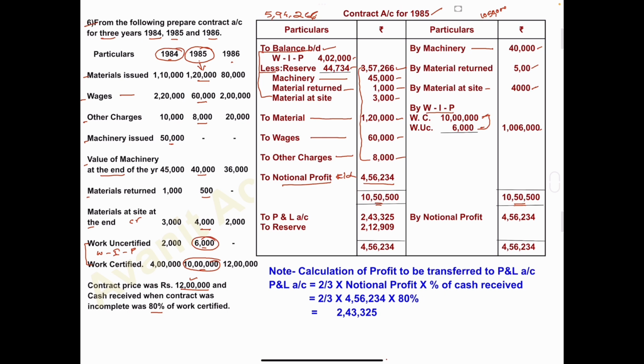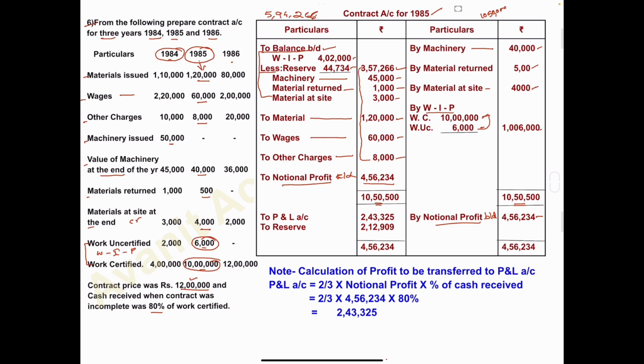So same amount will be brought down here by notional profit brought down 4,56,234. So this notional profit is transferred to profit and loss account and to reserve.